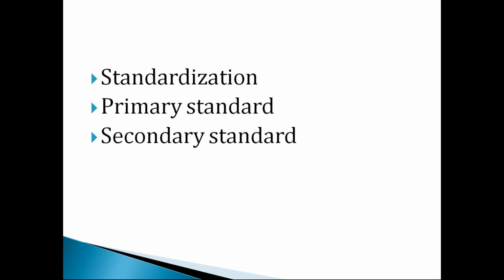That standard may be of two types, primary standard and secondary standard. So what do you mean by primary standard? A primary standard is a solution of known strength made from a substance of high purity.